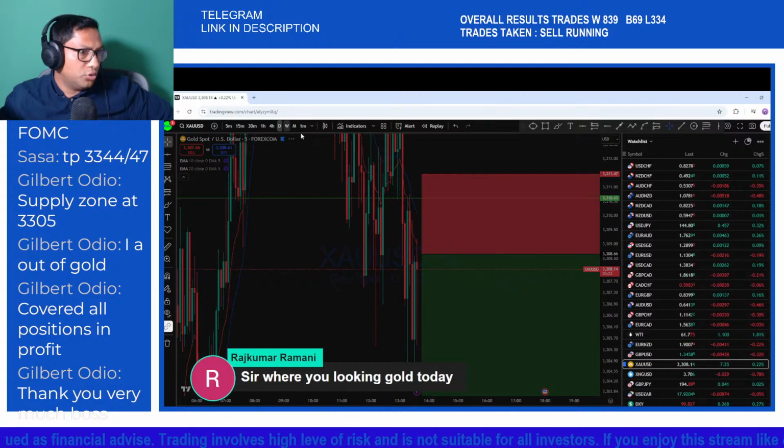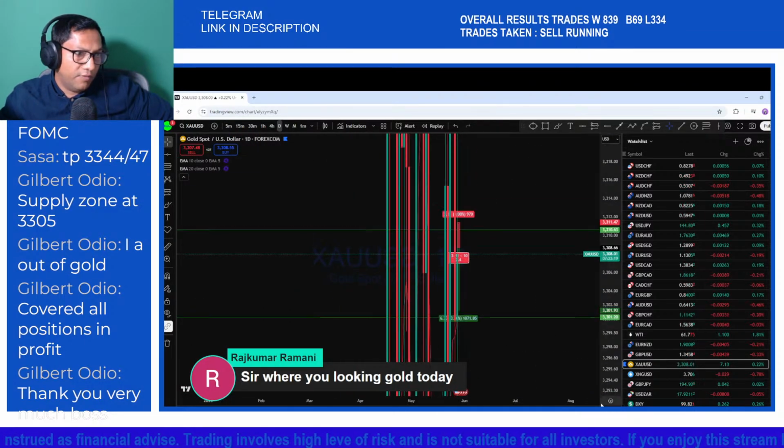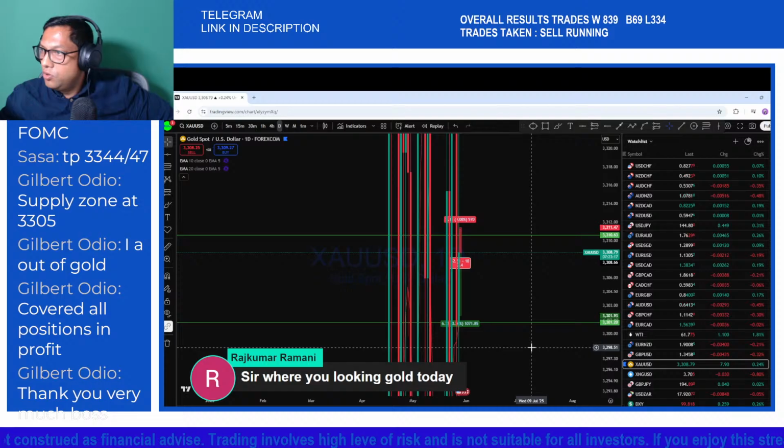So the price is almost at the daily support level, so here is the daily support.